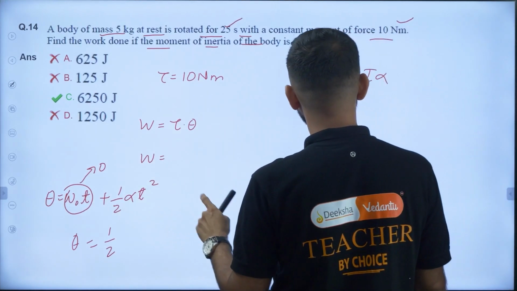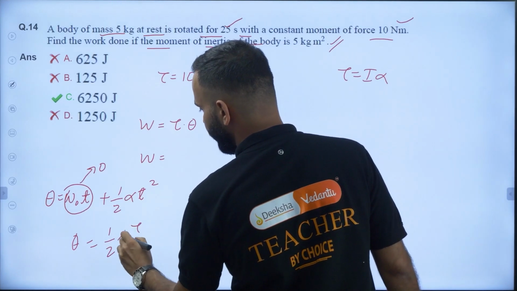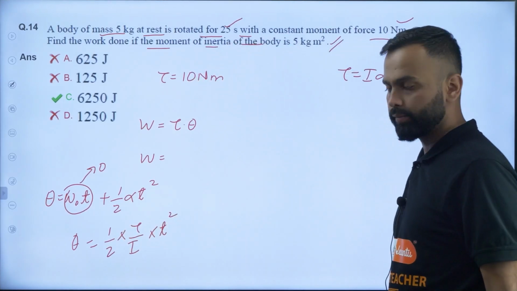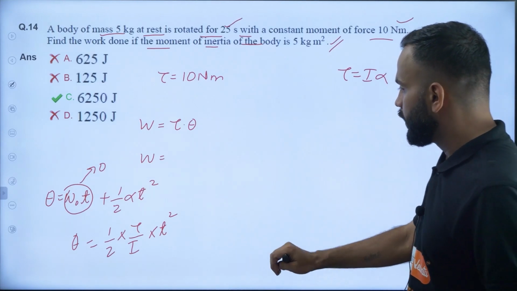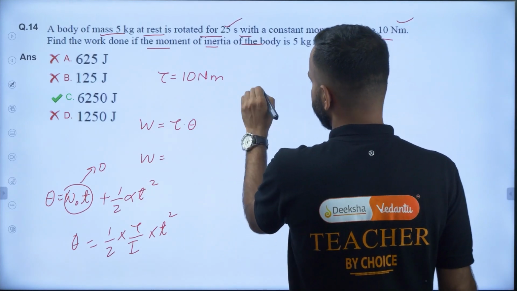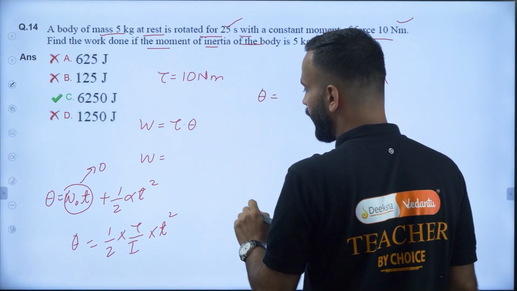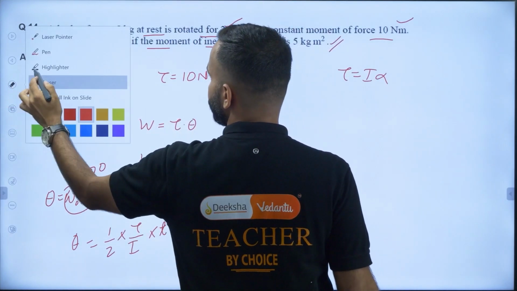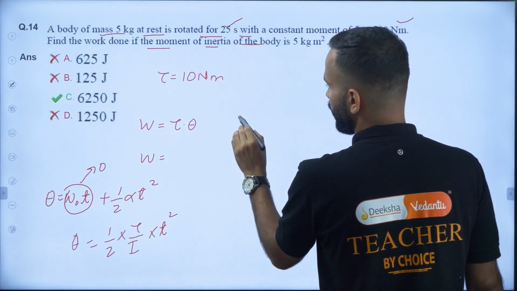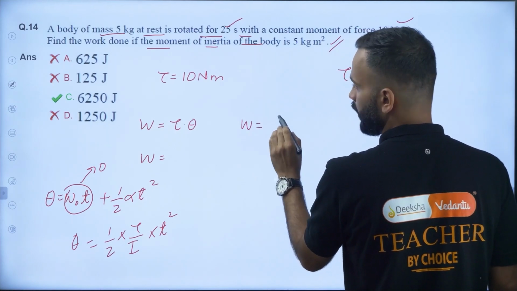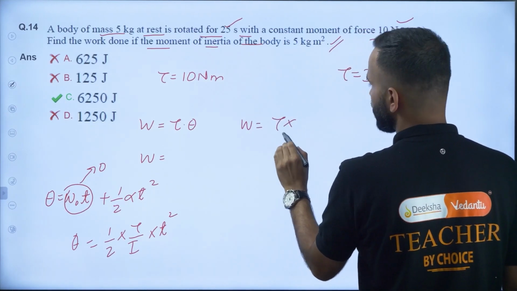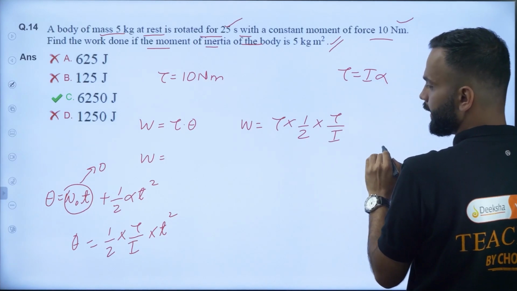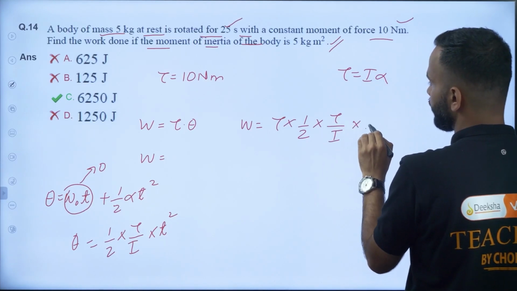So alpha is tau divided by I. Now we need to find theta, so theta is equal to half tau by I into t square. I will substitute directly into this equation. So now W is equal to tau into theta, which is tau into half tau divided by I into t square.